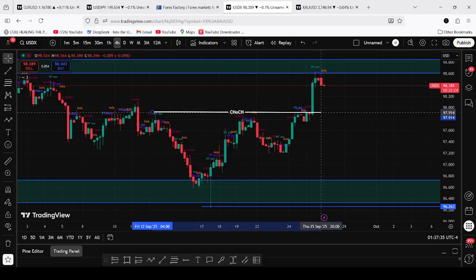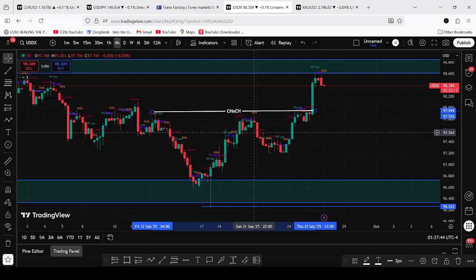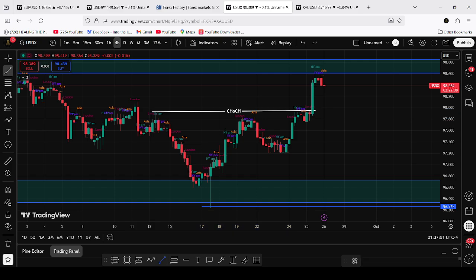Now we are waiting to see if it will respect this zone. Else, we can see a break of market structure at this point, just below that. Remember, this is the 4 hours time frame, so it's a very high probability that it is a BOS.